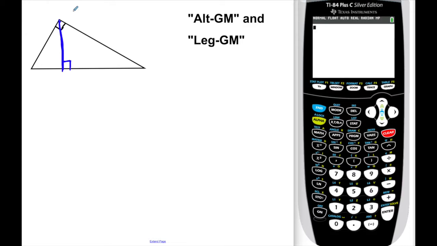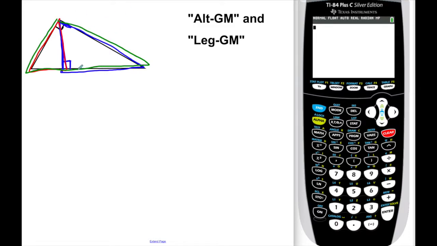So what I've done here is create three similar triangles. I have this triangle right here, which I'll call my blue triangle. I've got my red triangle, and then the original triangle I started with, the green triangle.